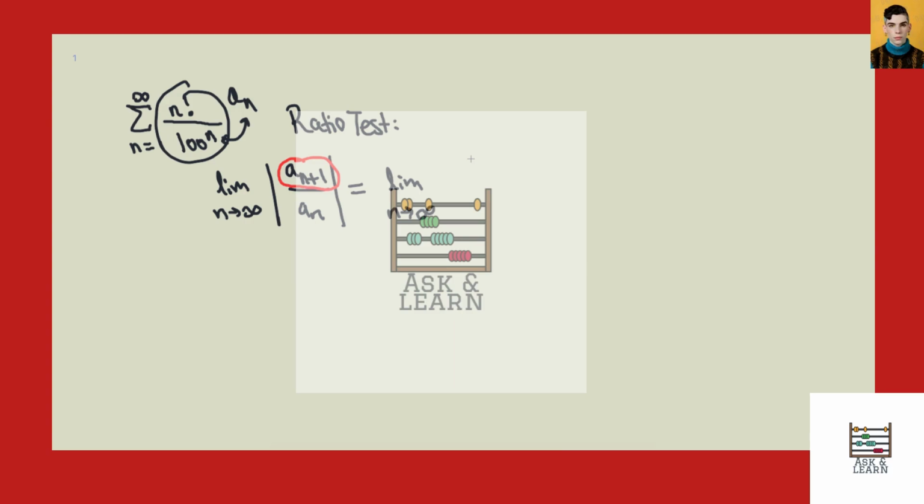So that'll give you this, and then in the denominator, a_n, which is just this. And I remove the absolute value because all of these terms are positive, so there's no need for it.